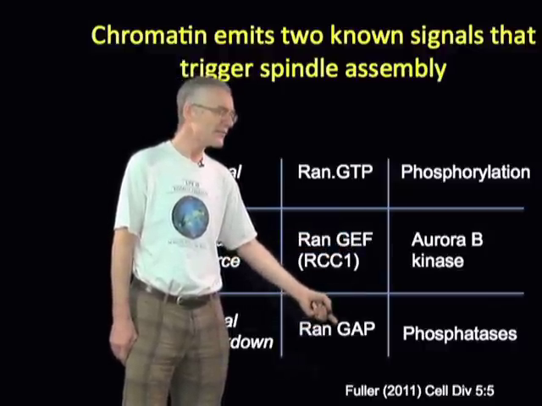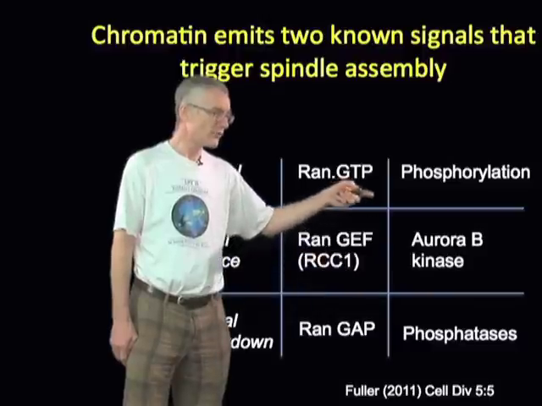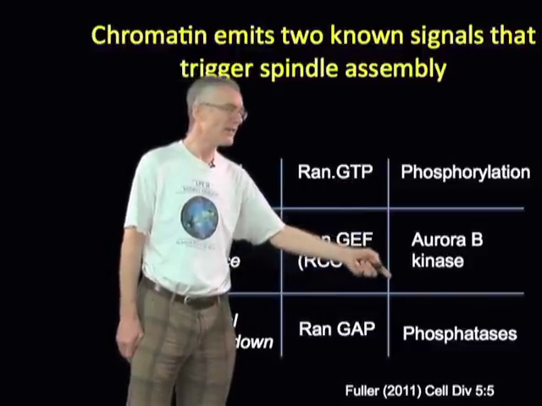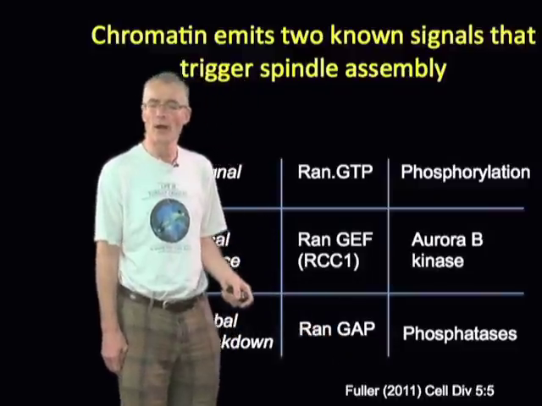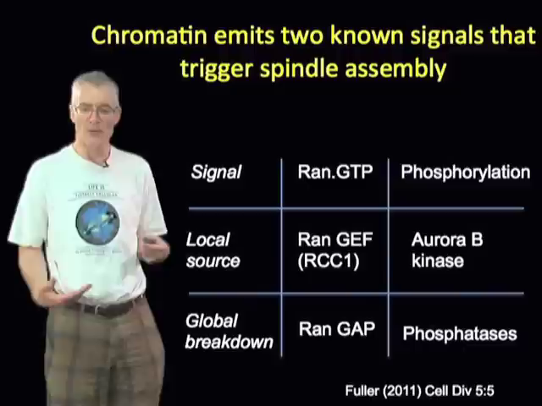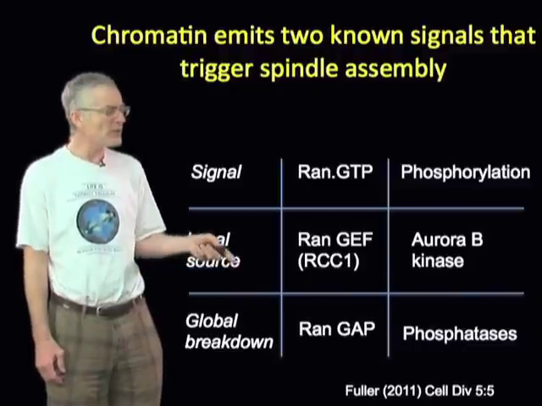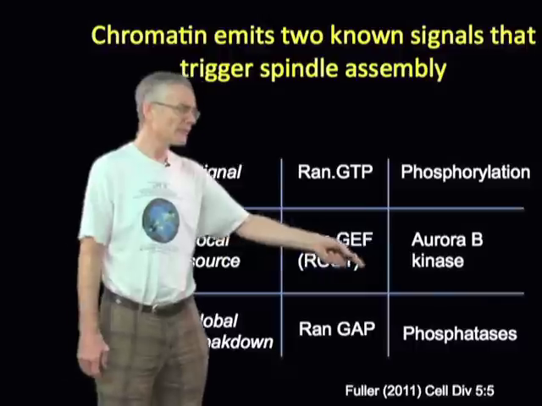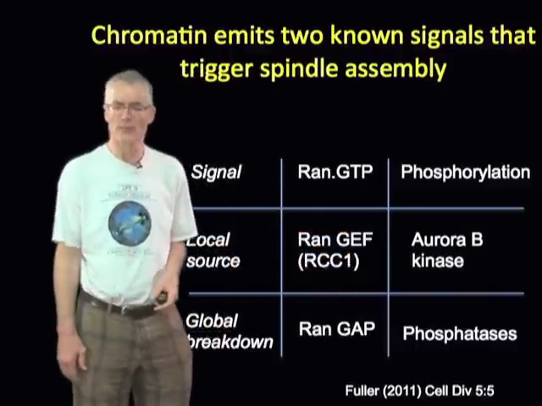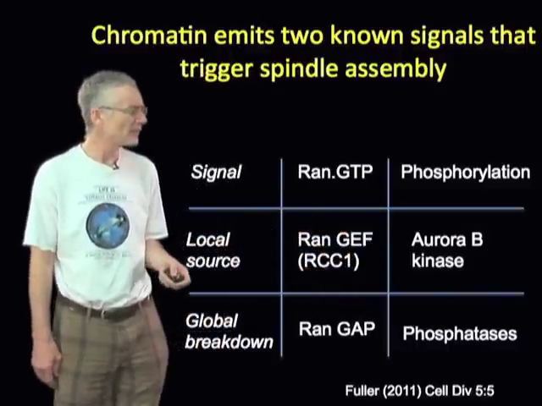This is a GTPase activating protein. The phosphorylation gradient is generated by Aurora B kinase and then opposed globally by phosphatases. There's a review for people who want to learn more about this. I'm only going to talk today about the Ran gradient, this one, but this phosphorylation gradient is also very important. I'm trying to keep it as simple as I can here.